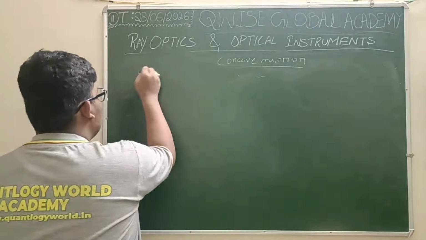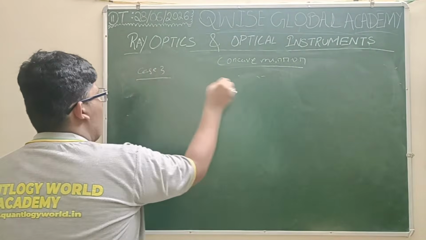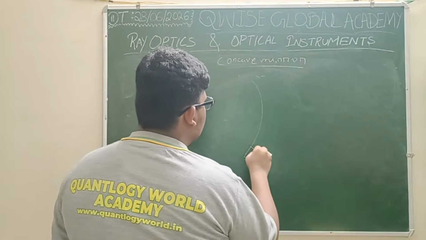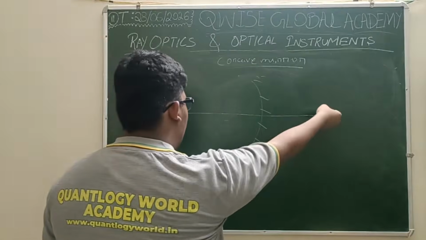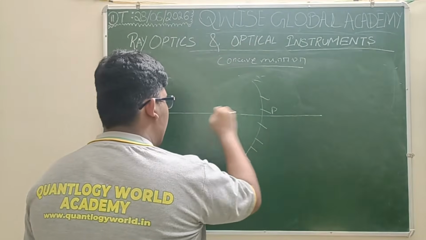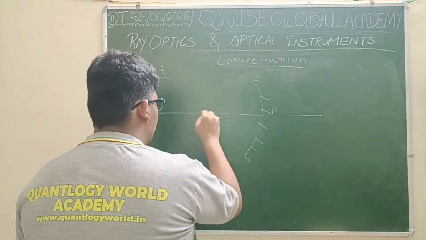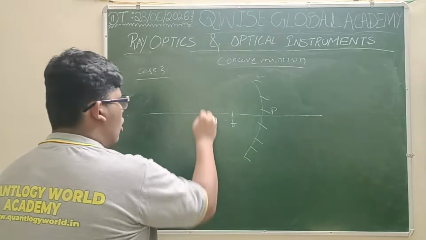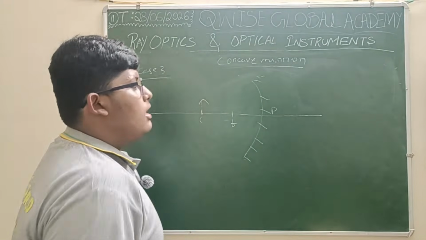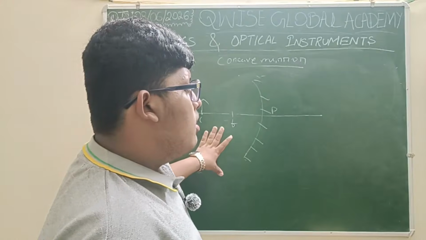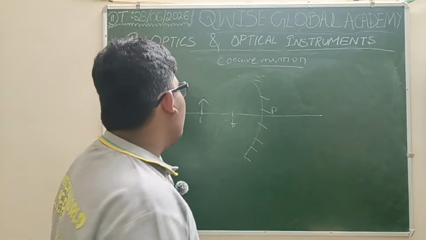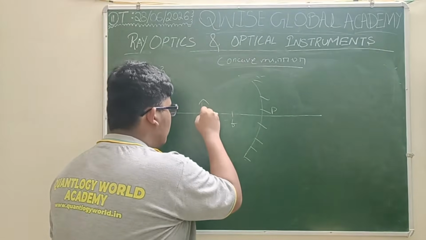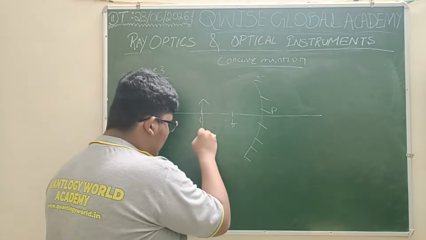Next is case 3: object is at C. When the object is at C, the image formed is real and inverted, and the image is also formed at C, means it will form at the same position.